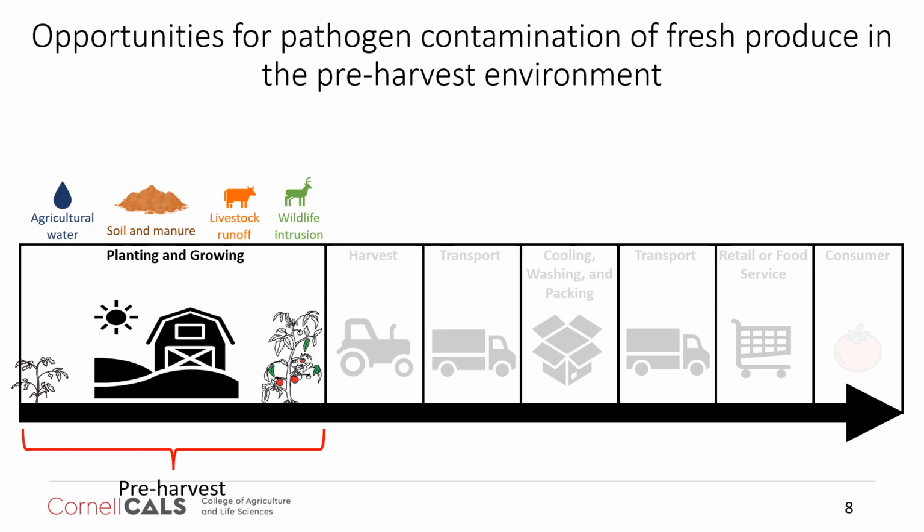Applying geospatial model at the pre-harvest level can help us better understand risks and develop strategies to mitigate fresh produce contamination at the pre-harvest stage of the supply chain, which can occur from inputs such as agricultural water, soil, and manure used as biological soil amendments, livestock runoff from adjacent lands, and wildlife intrusion.